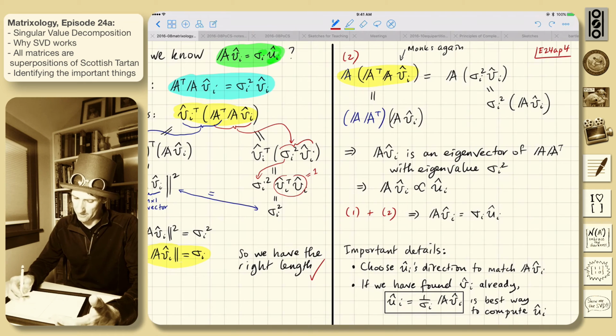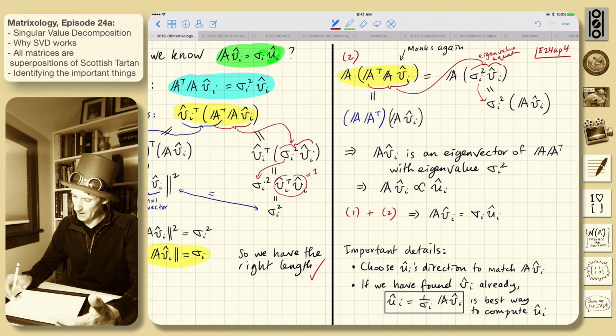So once again, we have that. This is using the eigenvalue equation. And we can draw the sigma I squared out. And then we have A times VI is all that's left in there. So it's a number times a vector. This is an m by 1 vector when it's multiplied through.